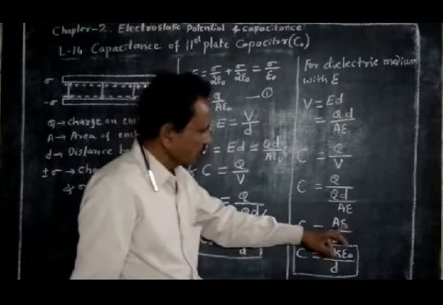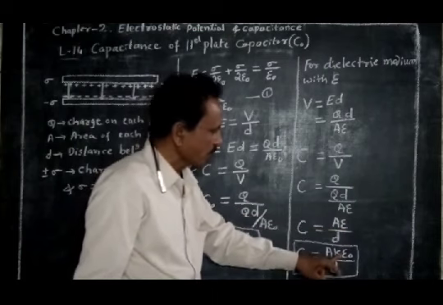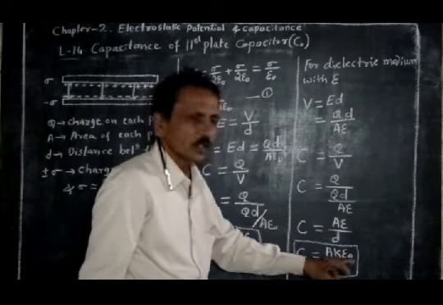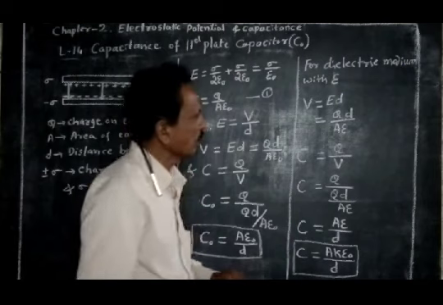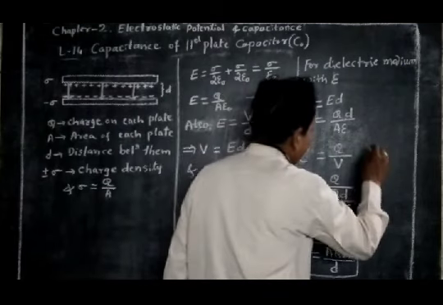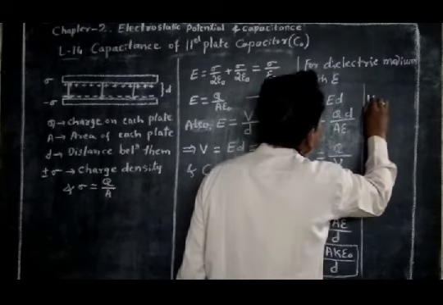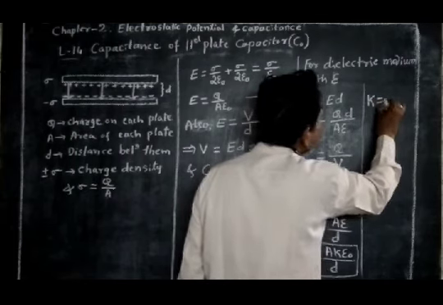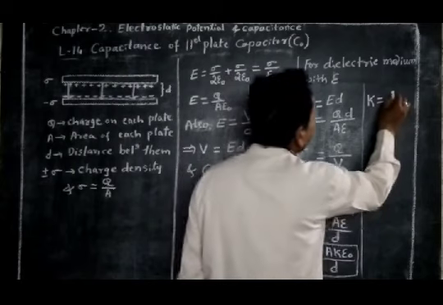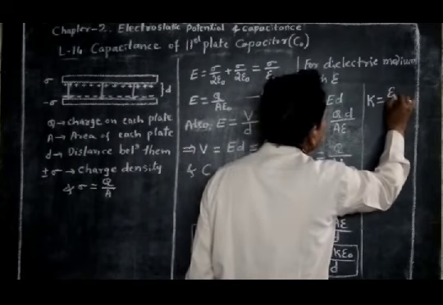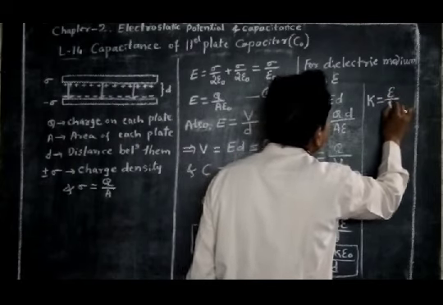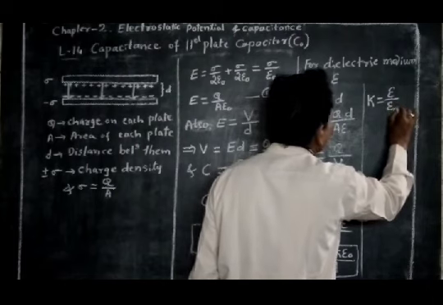Here epsilon is replaced by K into epsilon naught, because we know that the dielectric constant is the ratio of the permittivity of the dielectric medium to the permittivity of free space.